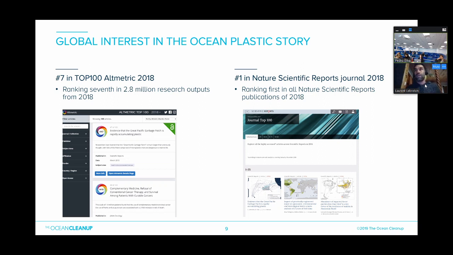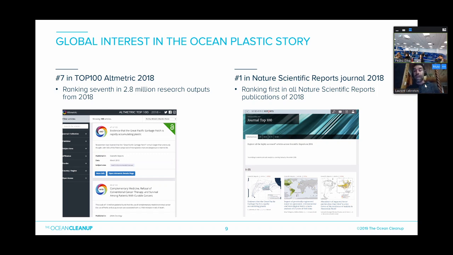No government is ready to spend money to go and study the garbage patches. And so we were able to go out there and that paper got so much publicity, and it really showed how the ocean plastic story is meaningful for people, right? And it's part of a movement, and it's about cleaning up, but it's about stopping use of plastic. It's about intercepting plastic, rethinking our use of plastic.